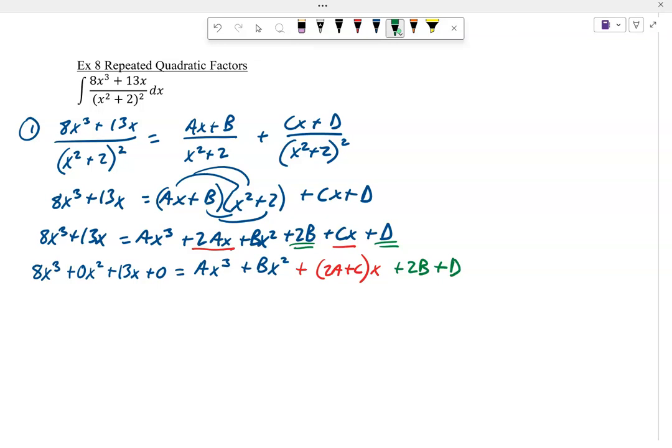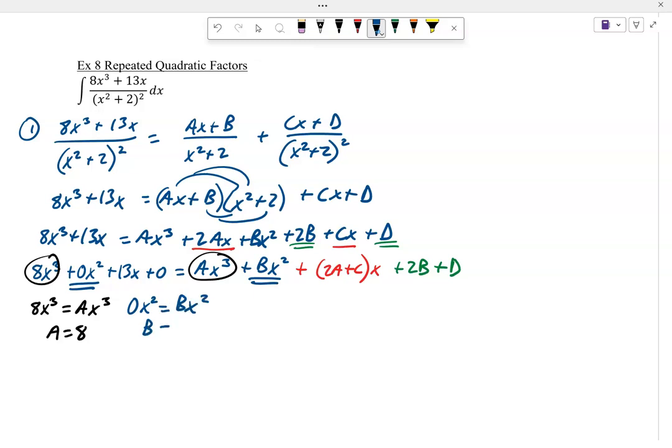So now I can say, well, 8x cubed equals ax cubed. So my a must be 8. And then 0x squared equals bx squared.